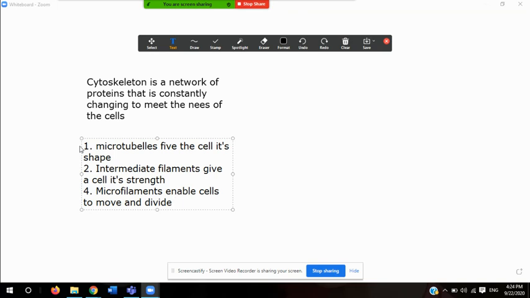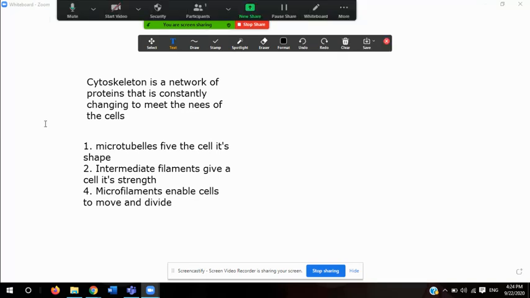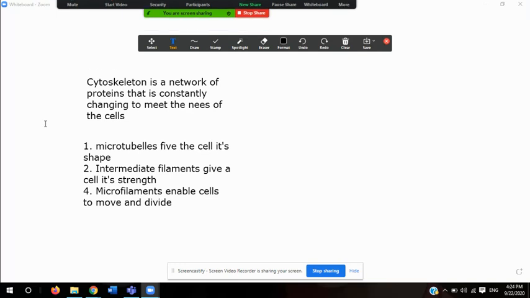So basically, where they're seen is in muscle cells. I realized I just wrote 1, 2, 4, but you guys get the drift. It's 1, 2, 3. And let's continue on to talk about some of the other structures.